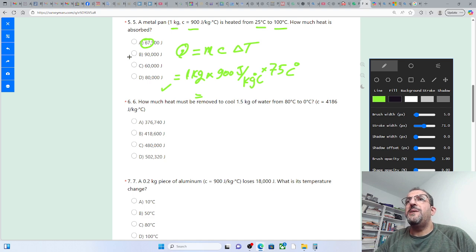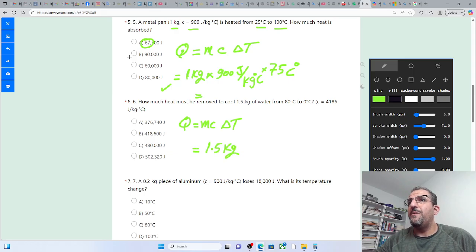For number 6, how much heat must be removed to cool 1.5 kilogram of water from 80 to 0? Okay, so let's see. Again, we have Q is equal to mc delta T. So we have the mass 1.5 kilogram.